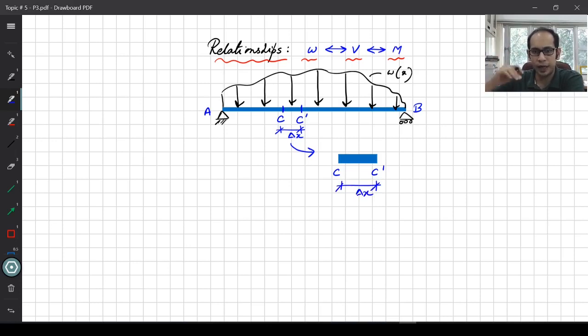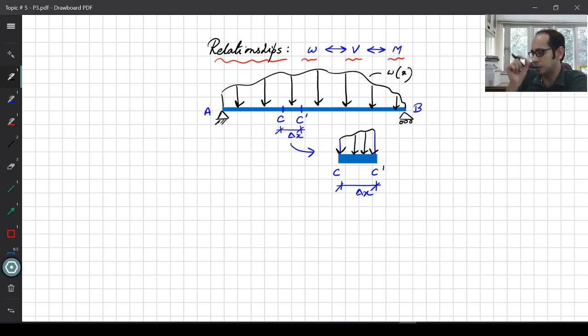On top of that, I have this distributed load which is acting over here, so this is that W as a function of X. And just for the sake of simplicity, if I take that section small enough, the load can be approximated roughly as a rectangular load, because that's the whole principle of integration that you do.